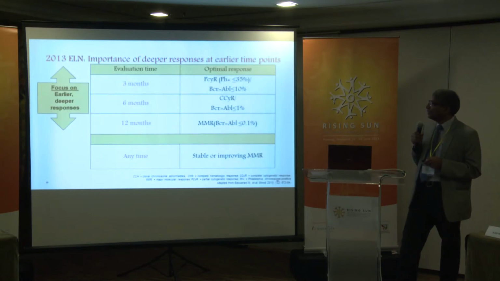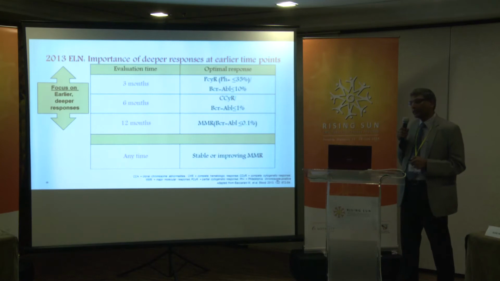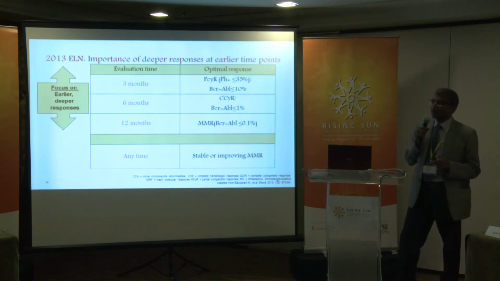There they looked at evaluation times of 3 months, 6 months, and 12 months, and what they looked at was again the cytogenetic response and the molecular response. They did away with the responses at 18 months because they felt that it was not robust enough to provide any prognostication for long-term outcomes.